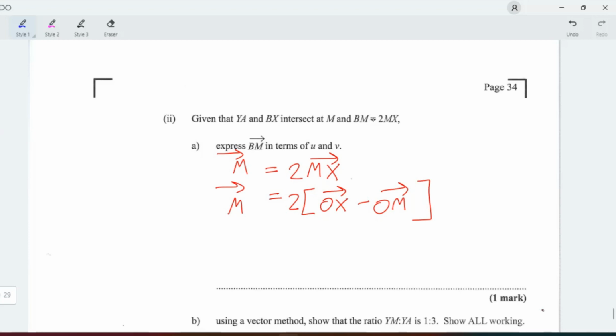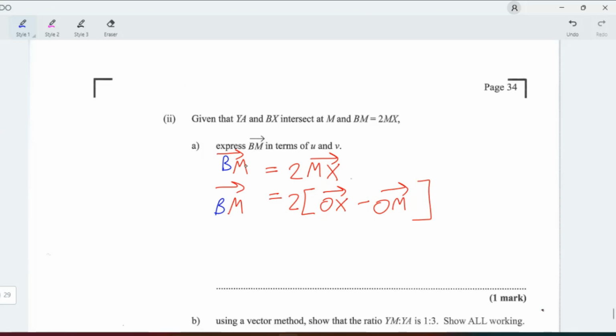And they say BM is 2MX. So we actually need to find OM first. I don't like that it's 1 mark because we don't even know OM.